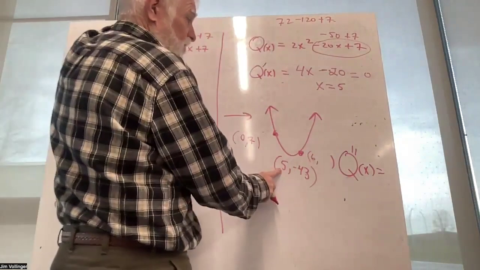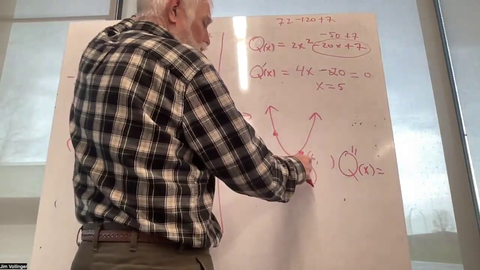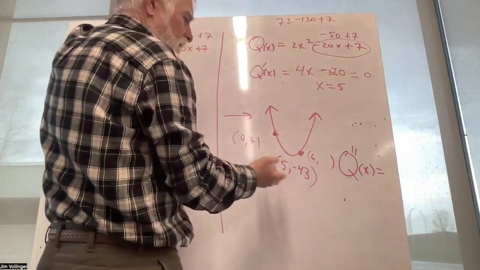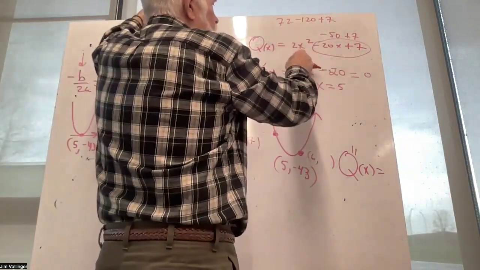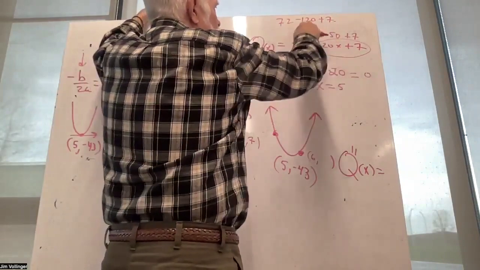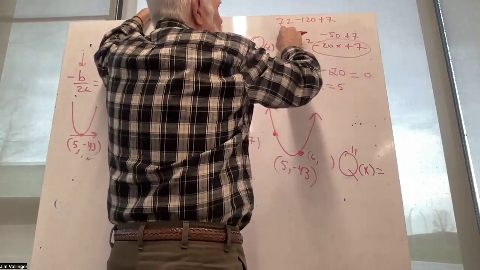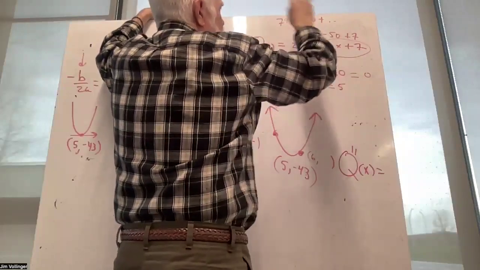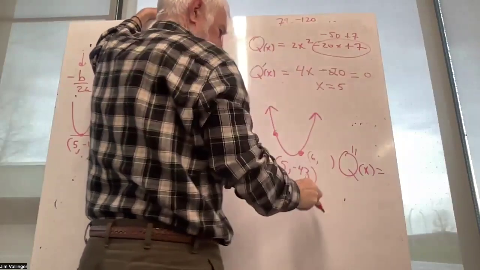Because I know just squaring, I change by 2 units. But if I'm doubling that, I should change by 4. So let's plug 6 in again. 72 is right. Minus 120 plus 7. 72 plus 7 is 79. 79, that's 41.